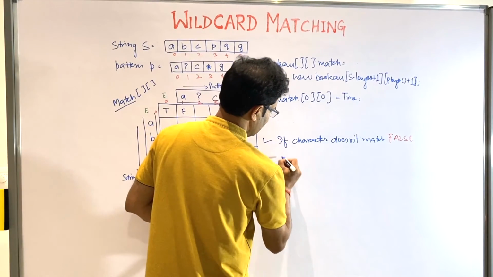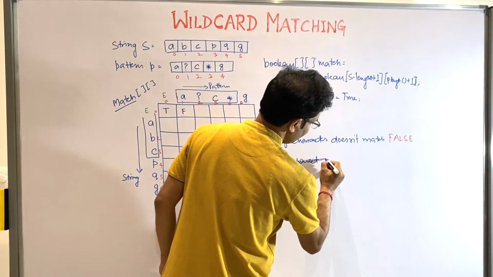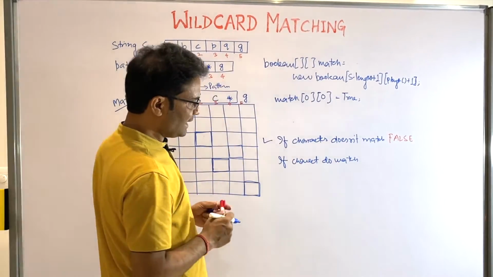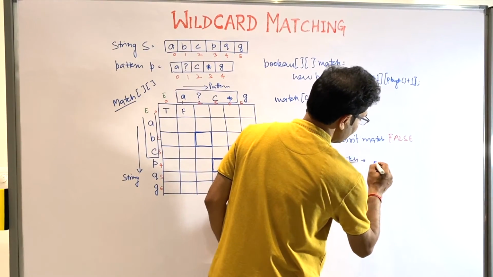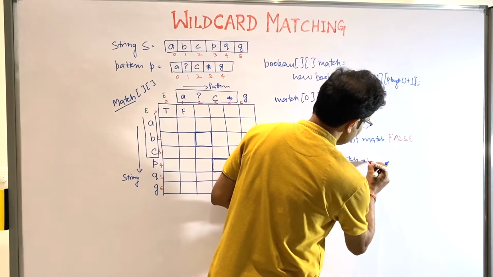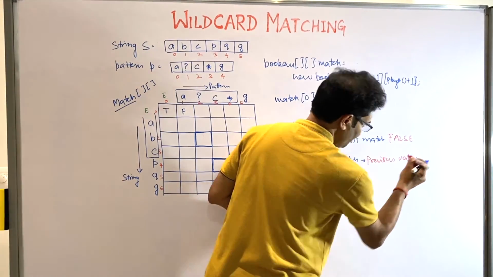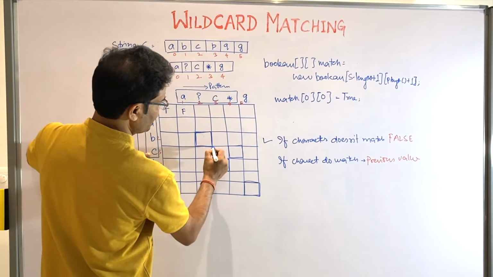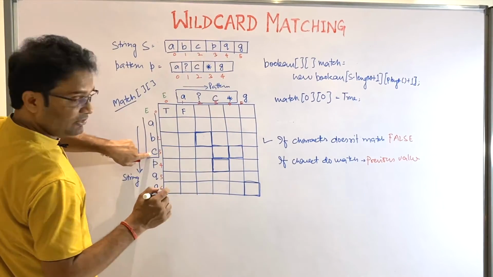First condition. Second condition: if the character matches, then we will take the previous diagonal value. Previous value means, suppose here if C and C is matching, right? In this case, if C and C is matching, I will take the previous value.